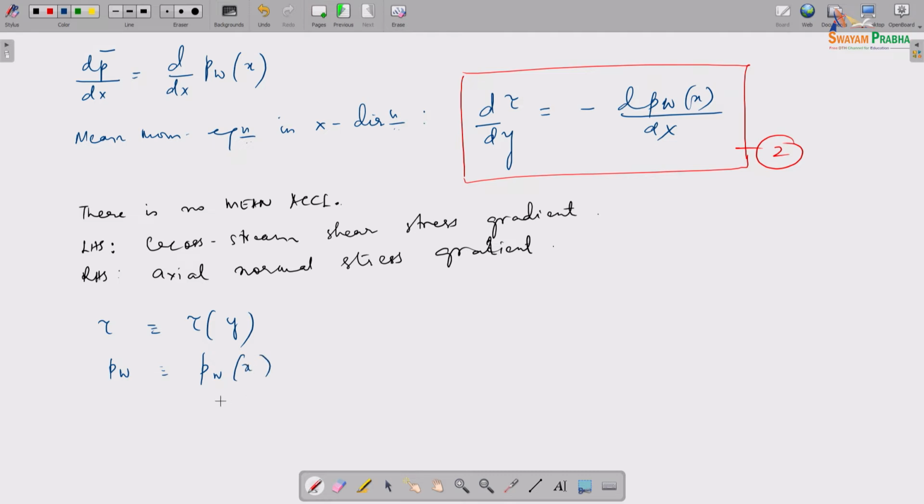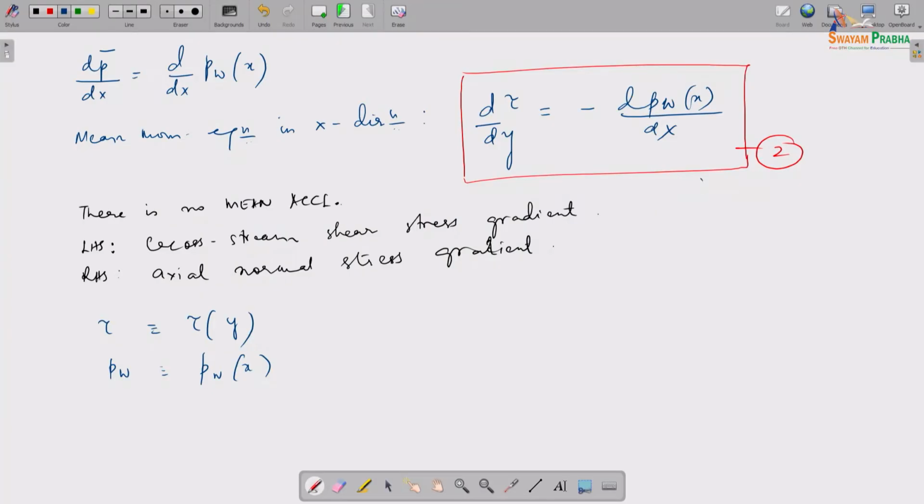So if this really is going to hold, then this is going to be a constant, and of course wall shear stress.